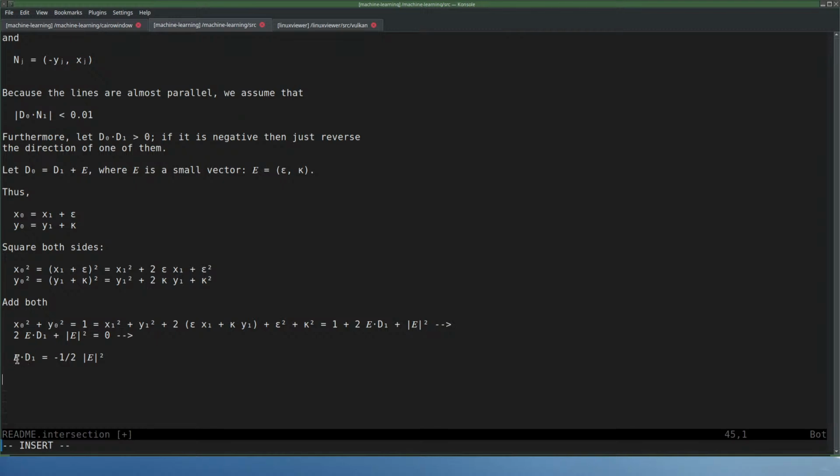And then I did project E on D1. I'm not sure how to picture that. E is very small. If I project it on D1, those two things are already almost perpendicular. So yeah, that's going to be very small, hence the square.